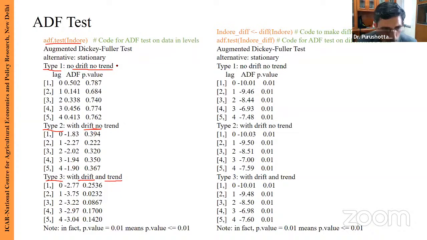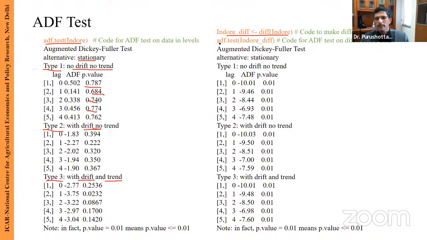Okay. So if we see, Indore is the level series without any differencing. And if we test, the test results show that this series is non-stationary. Null of non-stationarity is not rejected. So we go for difference stationary, and the code for this is diff Indore.